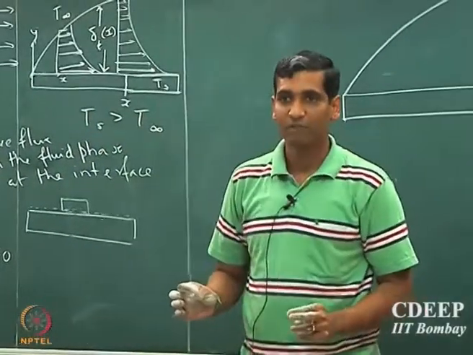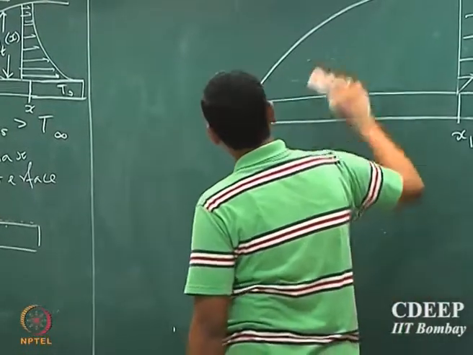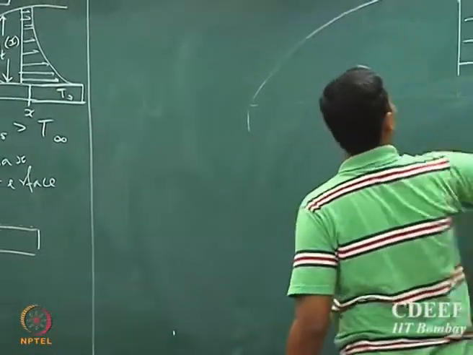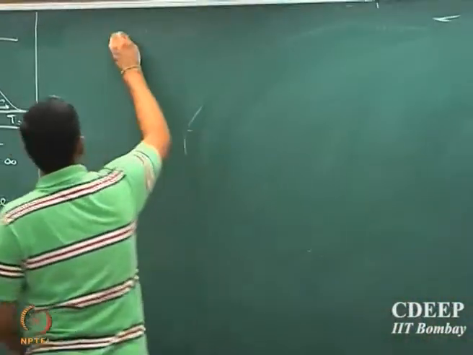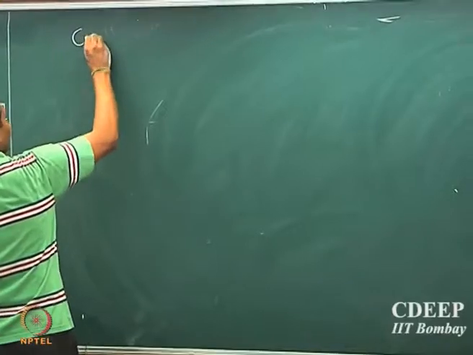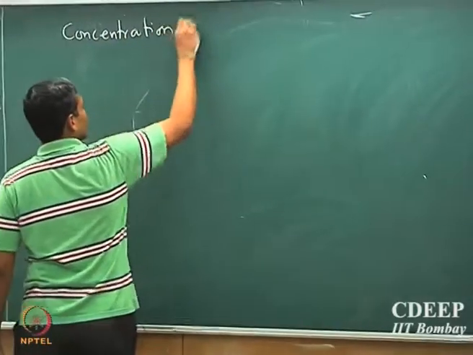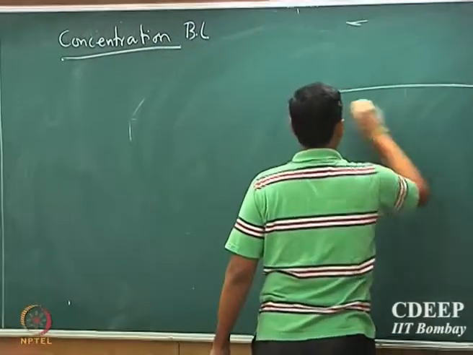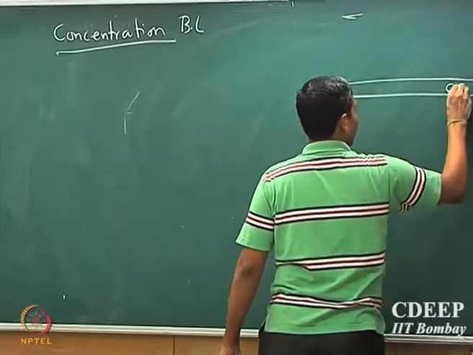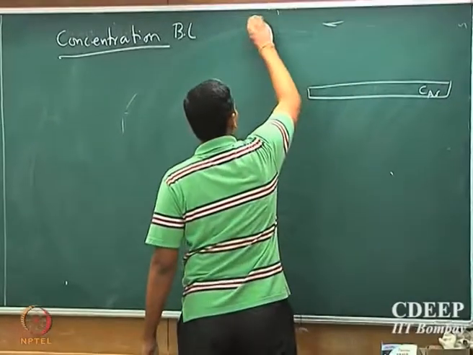Okay, any other question? Okay, so one could actually make a parallel to mass transport in a similar fashion, where we define the concentration boundary layer. So suppose I have a flat plate where concentration of some species is CAs and you have a bulk stream.